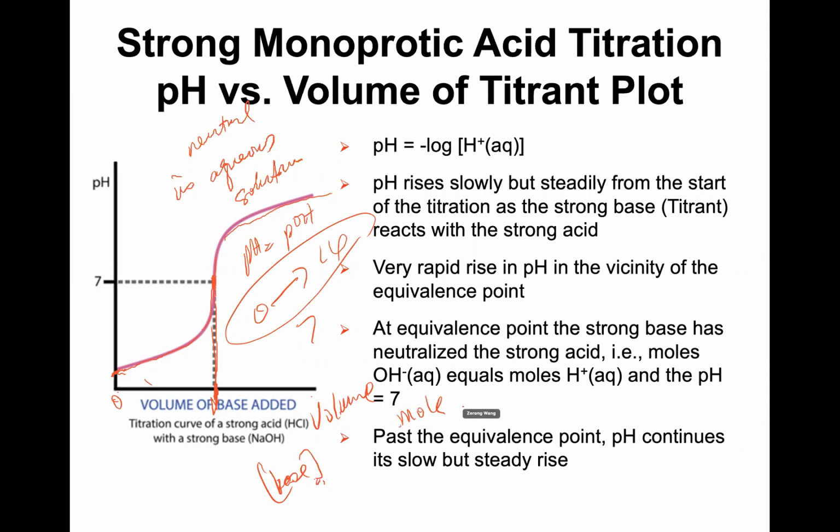Since they react equivalently, the moles of base equal the moles of acid. And how much acid you are titrating, you already know from the flask. So the volume you know, and from that you can divide to find the concentration of the acid, or vice versa, the concentration of the base, depending on which one is known and which is unknown. So that's the principle of titration.